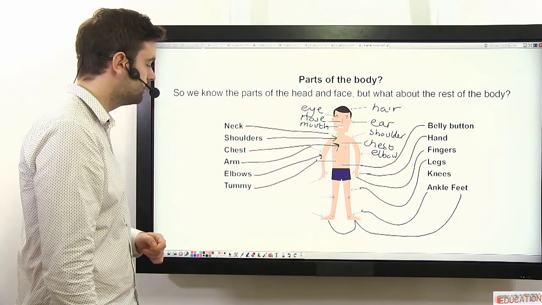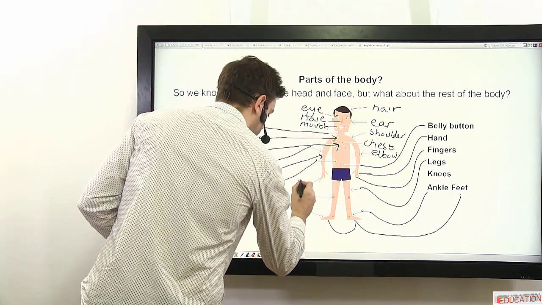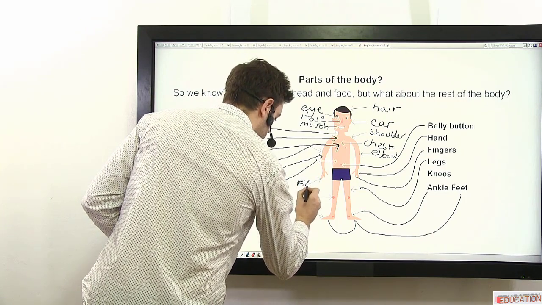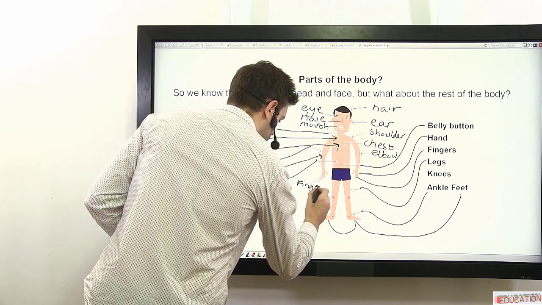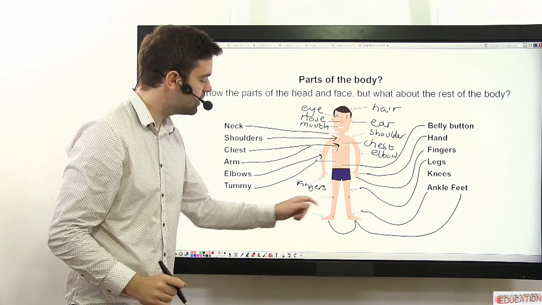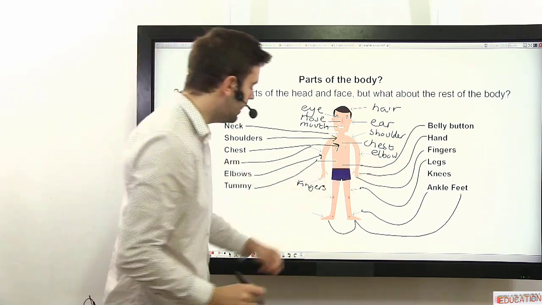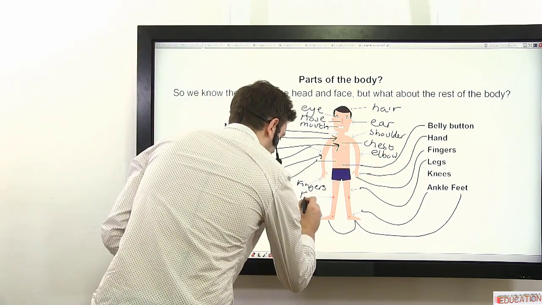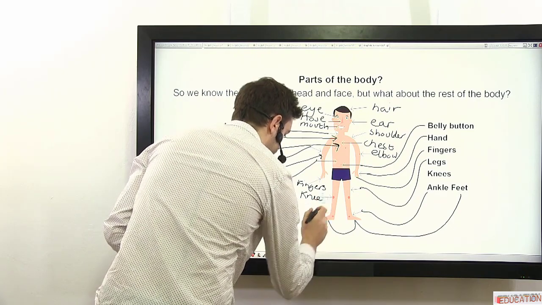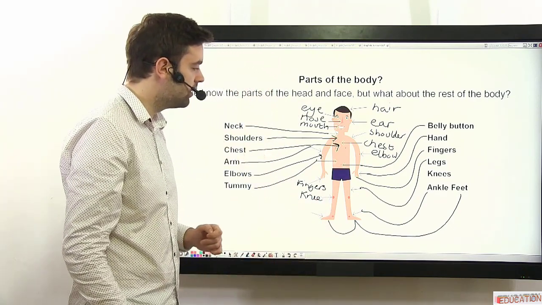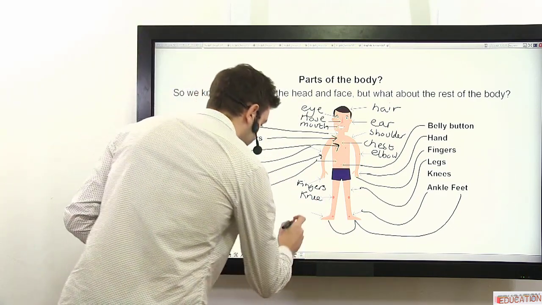This one. Fingers. This one. Knee. And this one. Foot.